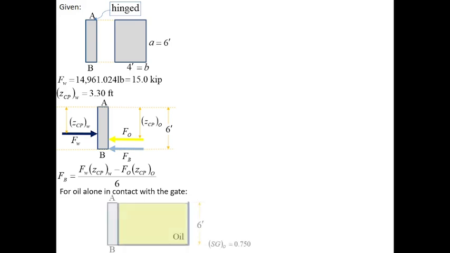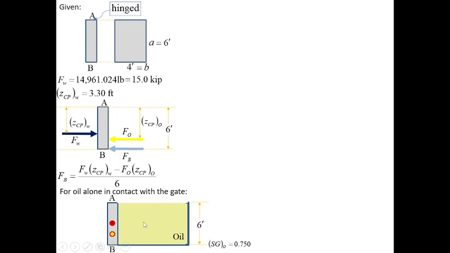Now, since this is the gate, no, and we have 6 feet of oil, so in this case, we disregard the left-hand tank, which is liquid water. Okay, and this is now the centroid of the gate and the center of pressure due to oil.